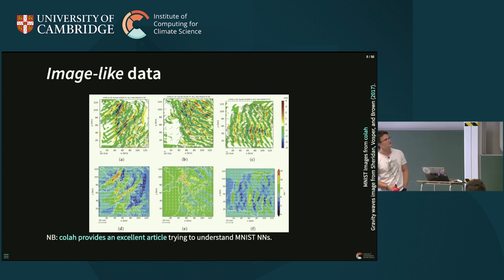But if we think about climate data, a lot of what we have can also be viewed as an image of sorts. So here we've got something, gravity waves, I don't know what they're plotting, temperature maybe?